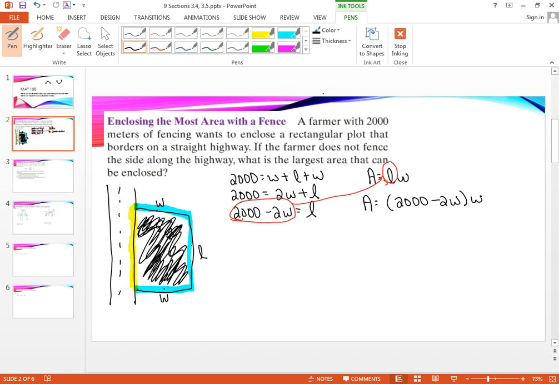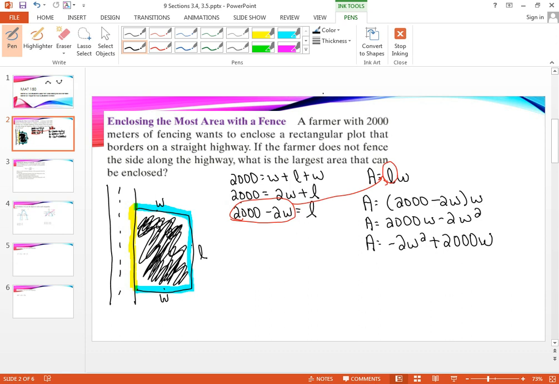Now I can distribute the W into the parentheses to make it look a little bit nicer. And then because I like things in order, I'm going to flip it around and say it's minus 2W squared plus 2,000W.